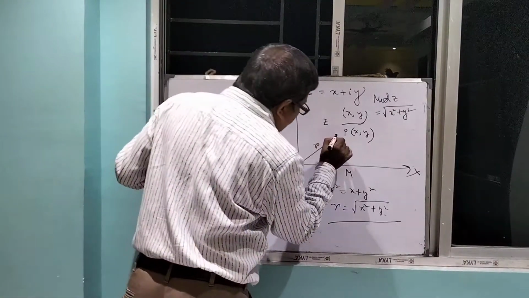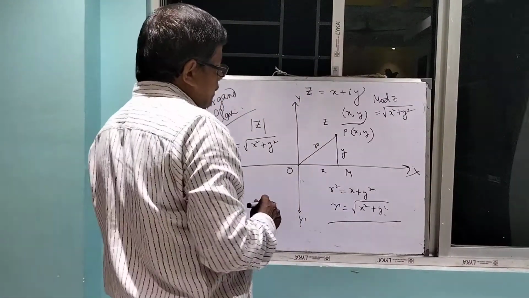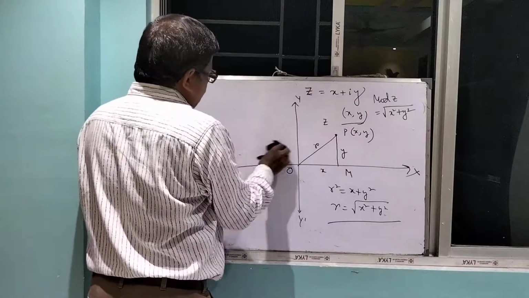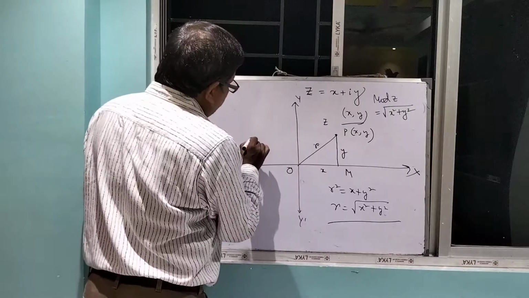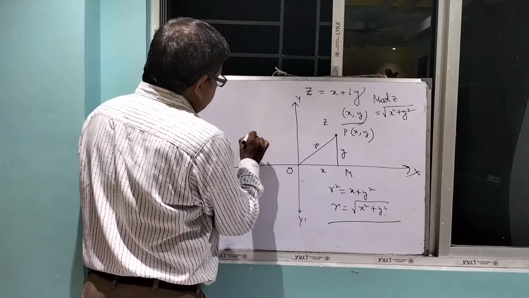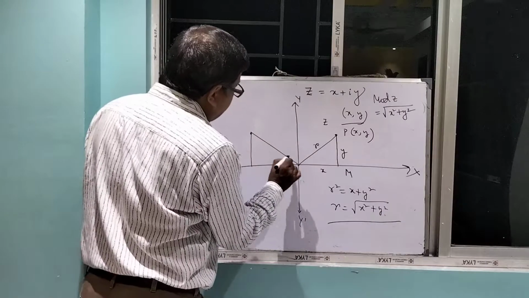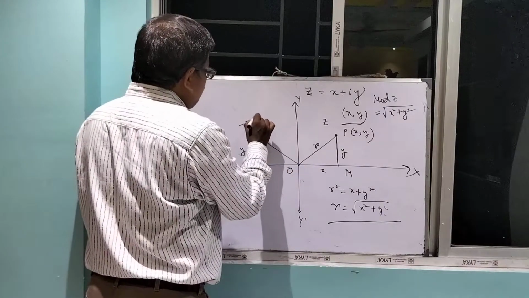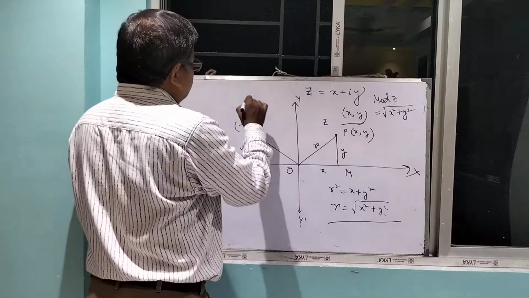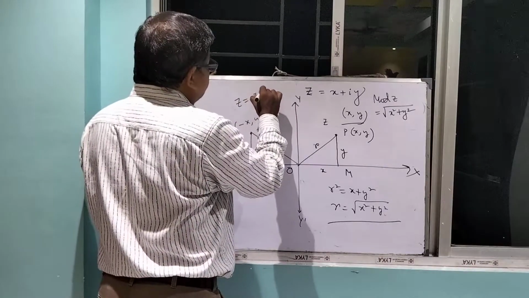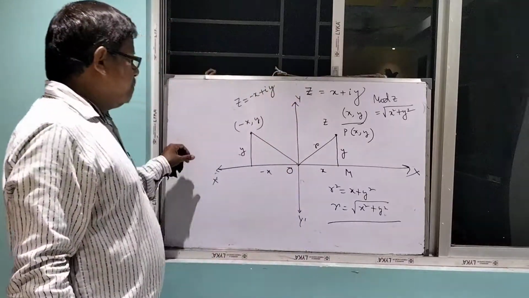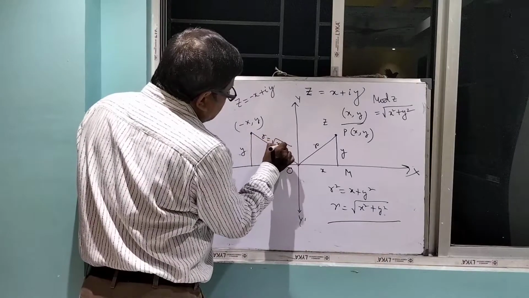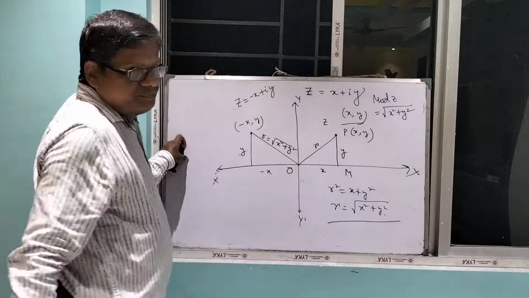Suppose again the point is here, with coordinates minus X comma Y. Then Z equals minus X plus iY, and here also we get R equal to root under X squared plus Y squared.